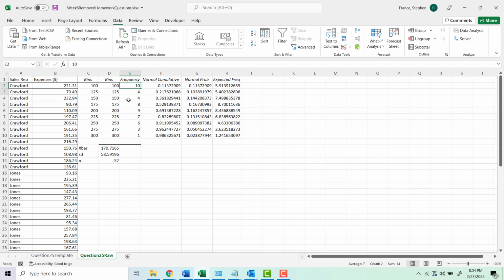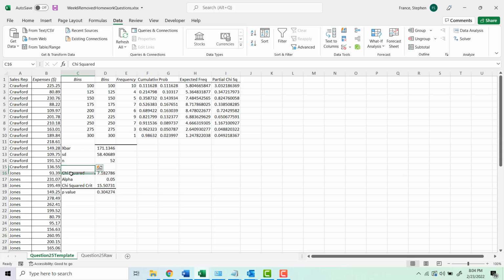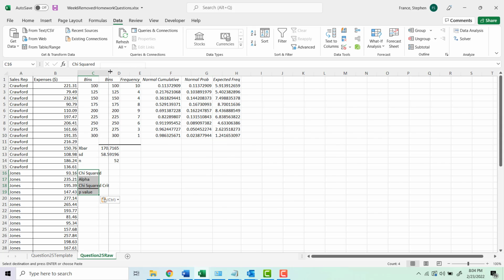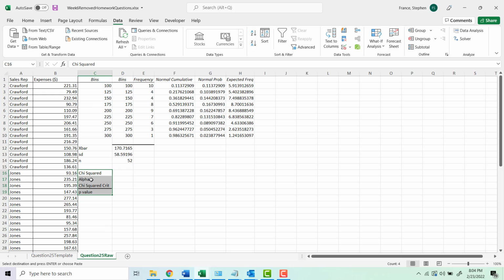So we've got our actual frequency and the frequency if it would be normal. And this is where I summarize my data. So we're going from 16 down to here. And this is where we put the chi-squared.